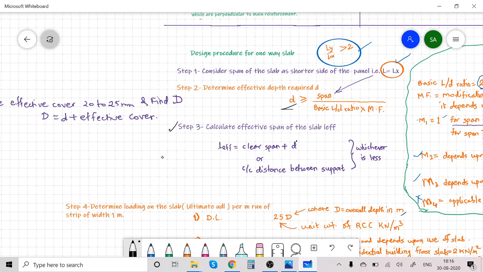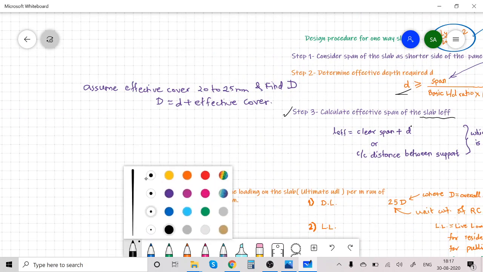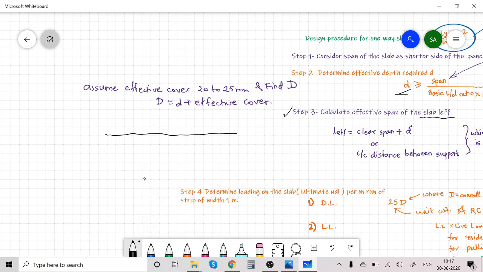Then consider step number 3. Here we will calculate effective span of the slab. The effective span of the slab is clear span plus d or center to center distance between the supports, whichever is less. So I will draw here the slab. Suppose this is the slab. These are the two supports.